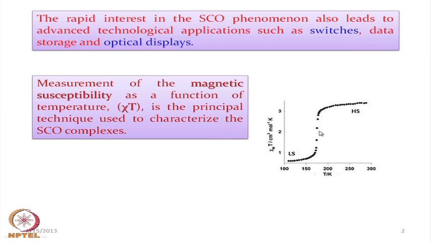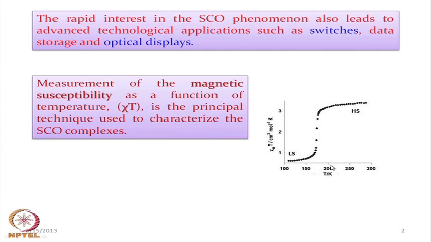So, at least we should have a vibrating sample magnetometer if the SQUID is not available, or any other type of magnetometer which can be utilized for measurement at different temperature values. These different temperature values give us certain magnetic moment values related to the corresponding molar susceptibility at different temperatures.